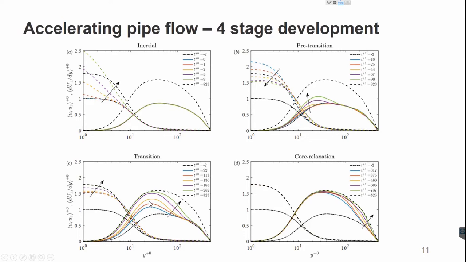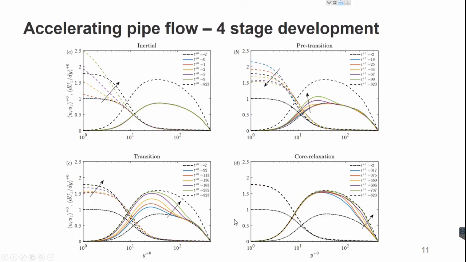So turbulence is responding at a faster rate during the transitional stage. Also, in terms of turbulence, it's interesting to note that it responds first close to the wall. So this is y plus between 10 and 50, which is the near wall region of the flow. And then it propagates towards the core.